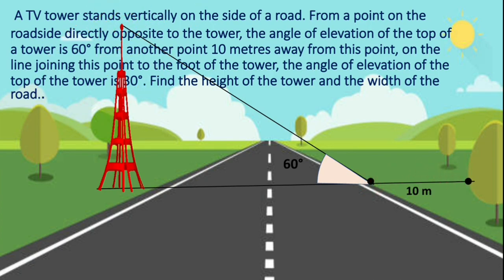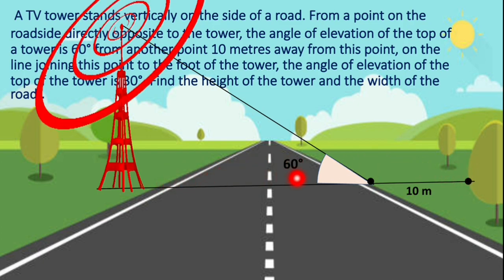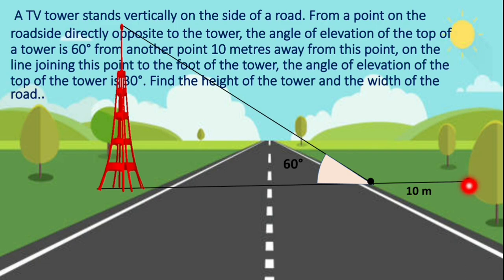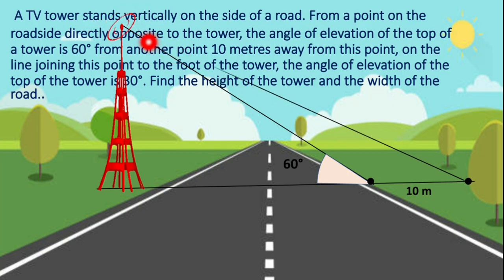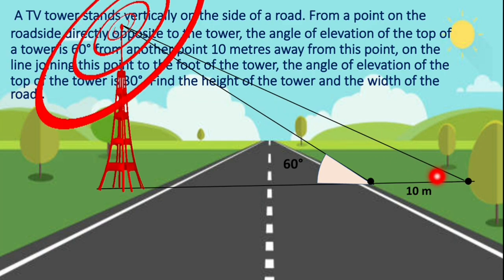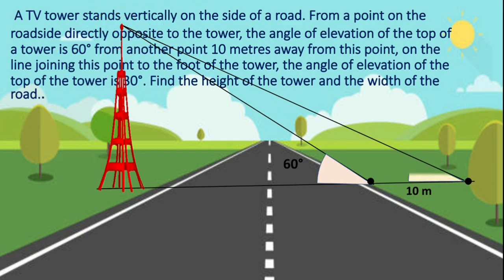I am considering the other point like this, 10 meters away from this point. From this point we have to observe the top of the tower. So here we get the line of sight like this, and clearly we get a 30 degrees angle here.